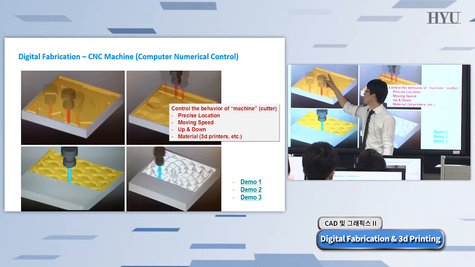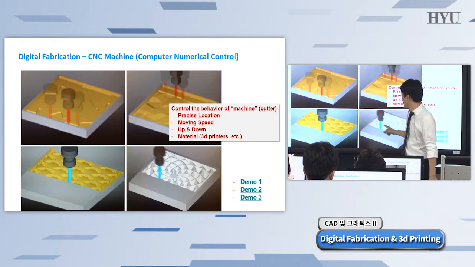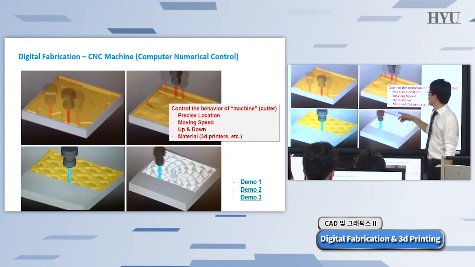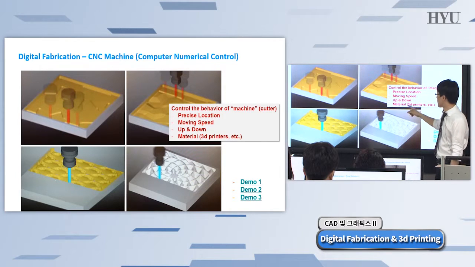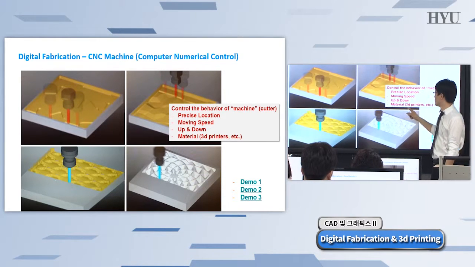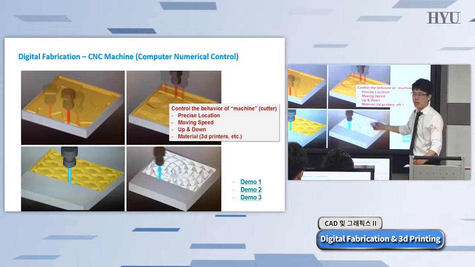This drill is supposed to know where to move, okay, in the X, Y coordinate system as well as the Z coordinate system in order to make some contour, okay? So all those things: precise location, moving speed, how to move up and down, or how to control against material type.